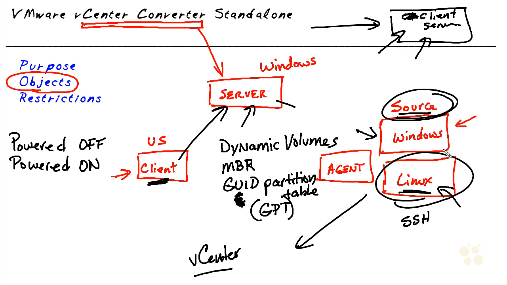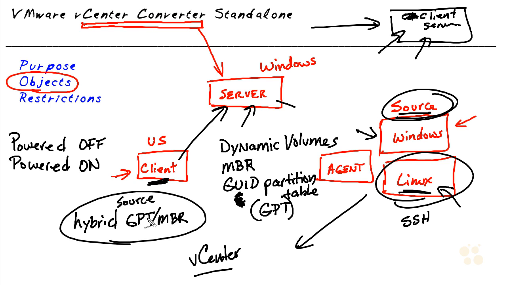For example, if we had a source machine that had a hybrid disk, so it's using a hybrid GPT/MBR disk, it can't handle that as a disk type on the source for the conversion. And most of those gotchas and restrictions and requirements are well documented in the online documentation provided by VMware, which you can also download as PDFs.